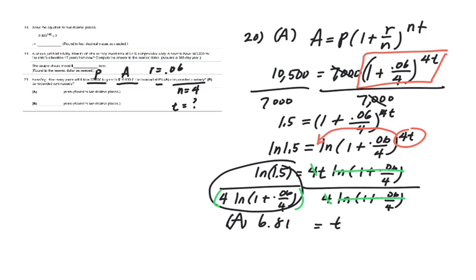Let's look at part B. For part B, it says that this is compounded continuously. So we're using the accumulated value A equals Pe to the rt. Our 7,000 is still P. Our accumulated value is 10,500.